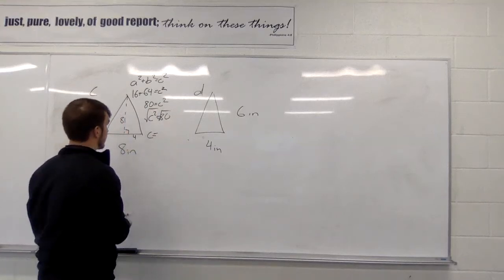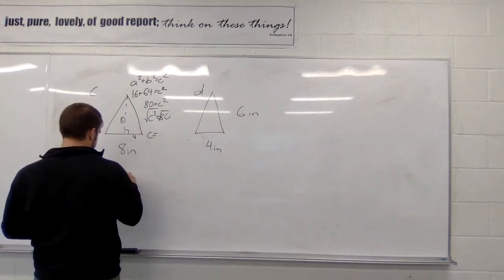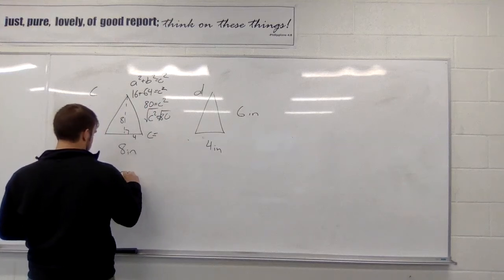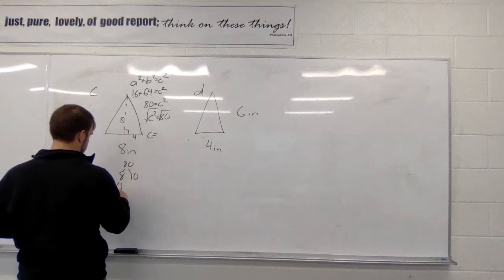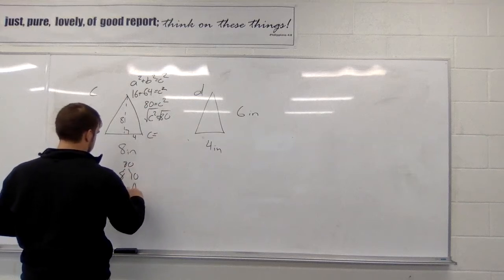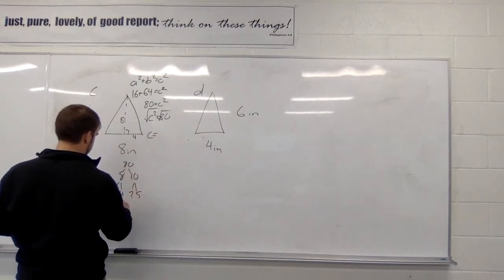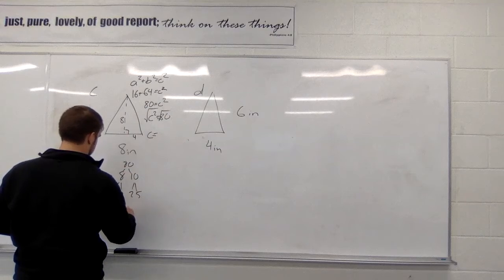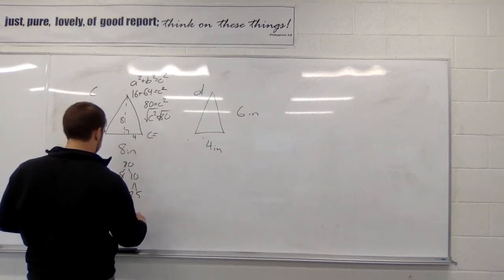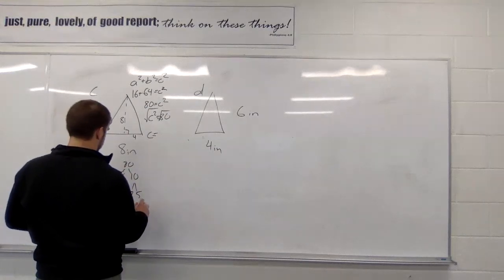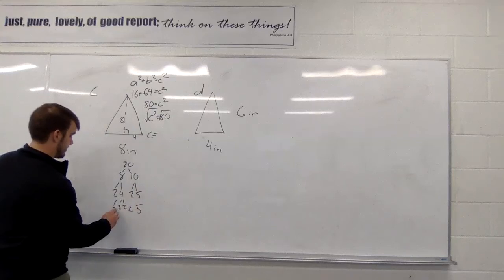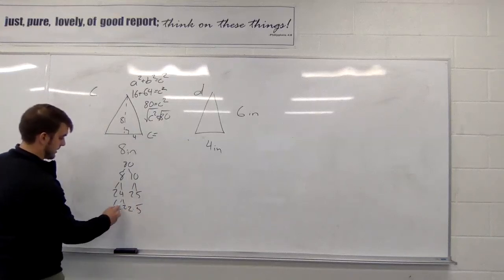Boy, this might be tough. So if I go 8 and 10, prime factor this, 2, 4, 2, 5. Okay. So this is the prime factorization of it.